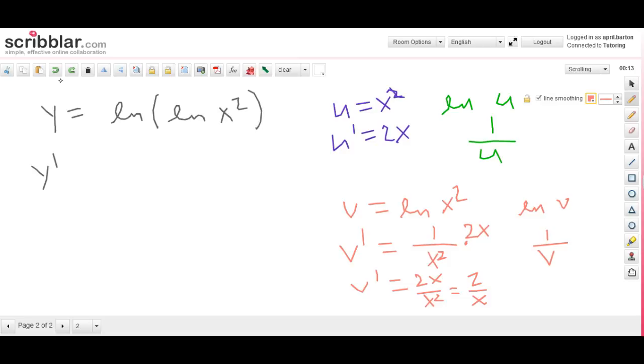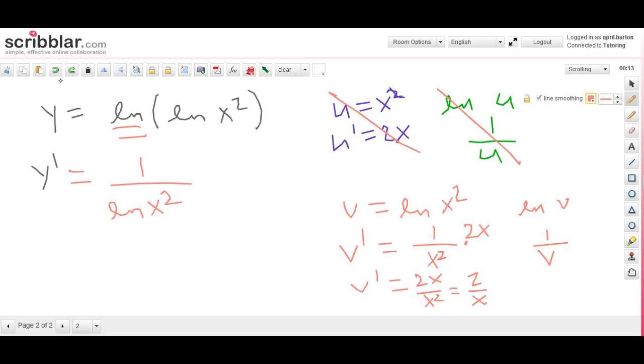And now we can do that again, but with this outside natural log. So we don't need this anymore. It was to help us to find this derivative. So now we do the derivative of the outside. Again, it's 1 over v, but we've got to evaluate at v, so 1 over natural log x squared.